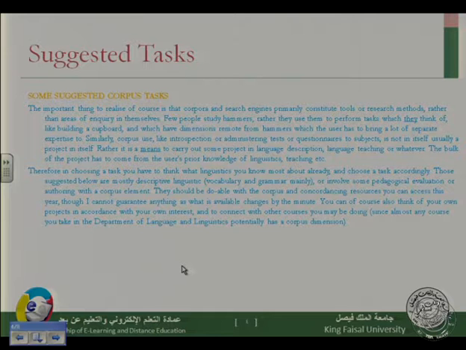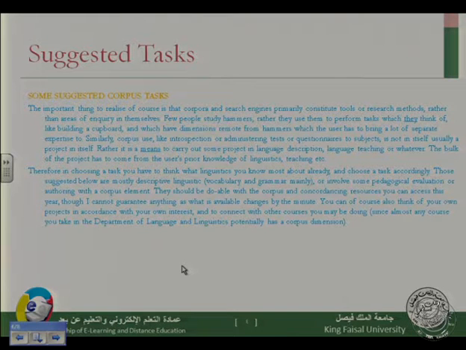So I'm going to suggest some tasks for you, vocabulary and grammar mainly, or involve some pedagogical evaluation or authoring with a corpus element. They should be doable with the corpus and concordancing resources you can access this year, though I cannot guarantee anything as what is available changes by the minute.